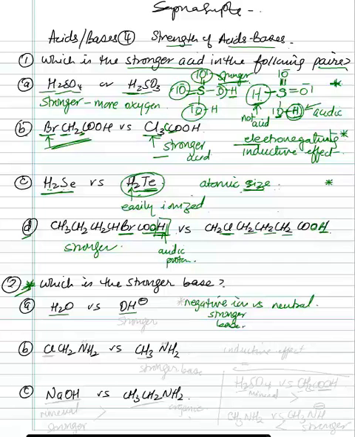So hydroxide is stronger. Water is amphoteric, it can be acidic or basic, but hydroxide, as you know, is a base. The main thing is that it's also because of negative ions. So then let's look at the next one here, which is Cl CH2 NH2 versus CH3 NH2.